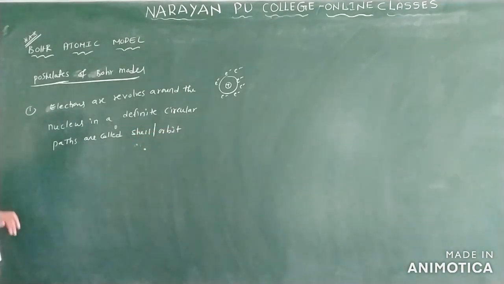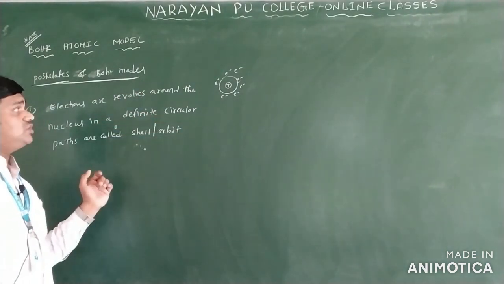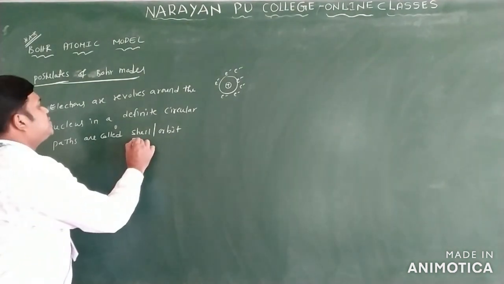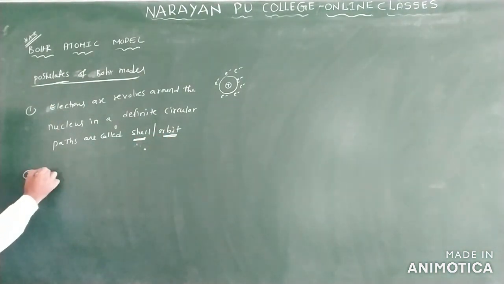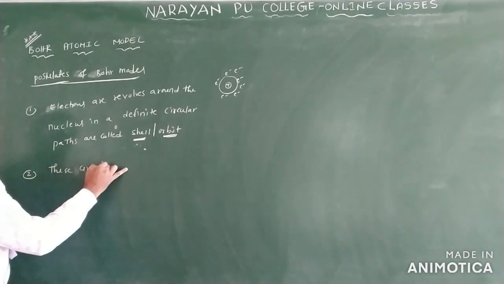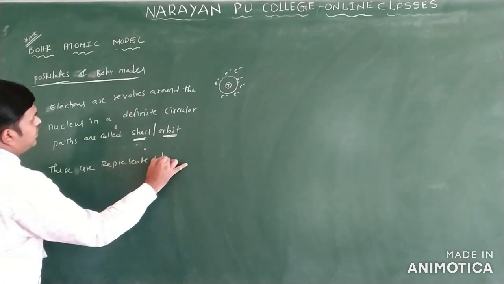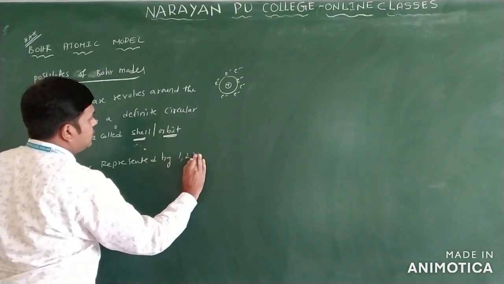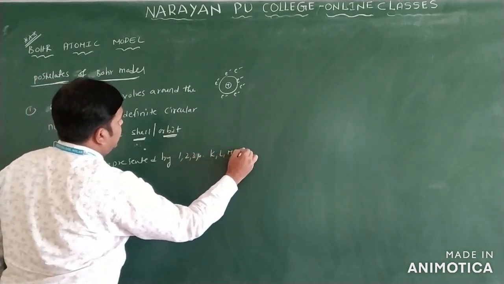Shell or orbit, or you can say electrons in the hydrogen atom can revolve around the nucleus in a definite circular path. Those are called what? Shells or orbits only. So we can see here, these are represented by 1, 2, 3 and 4 and so on, or you can write K, L, M, N and so on.